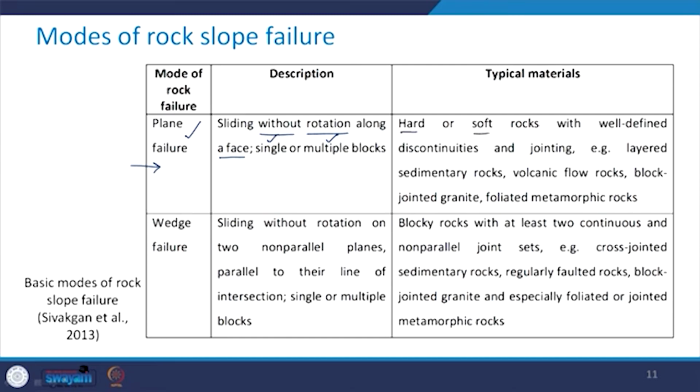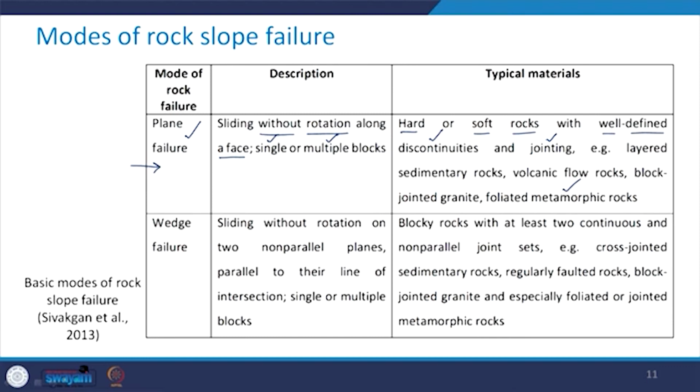Hard or soft rocks with well defined discontinuities and jointing, for example, layered sedimentary rocks, volcanic flow rocks, block jointed granites and foliated metamorphic rocks fall under this category.